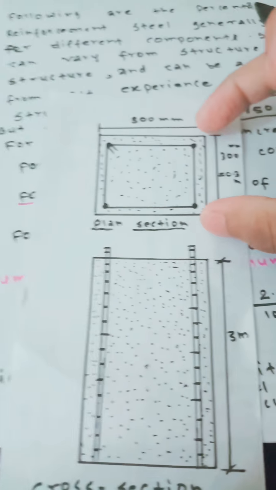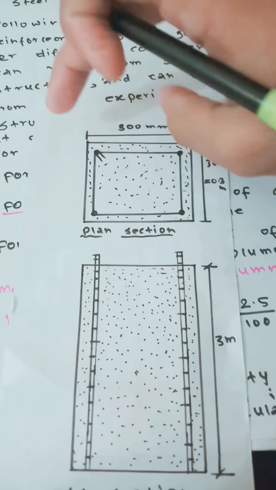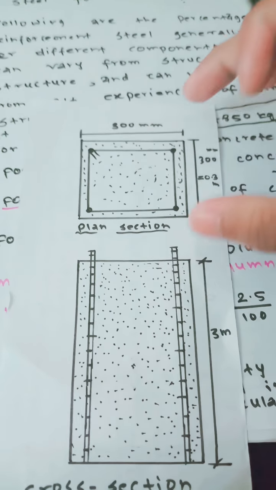So basically this is 300 mm. Length is also 300 mm, width is also 300 mm, depth is also 300 mm.